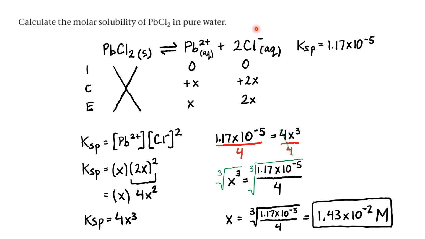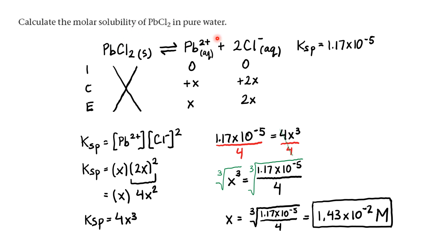And obviously the lead, the Pb, has to be a +2 to be able to balance out the -2. We need to neutralize all that charge, because the charge on the left is neutral, 0. This total thing has a charge of 0. And remember that the charge on the left has to equal the charge on the right.